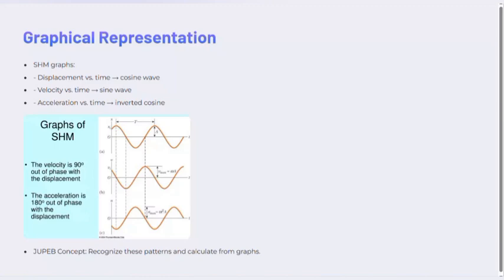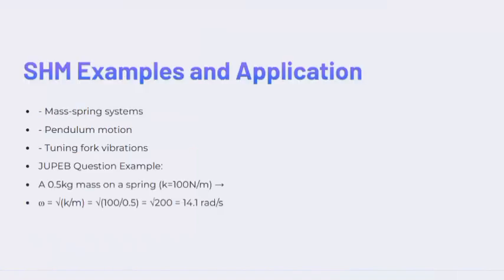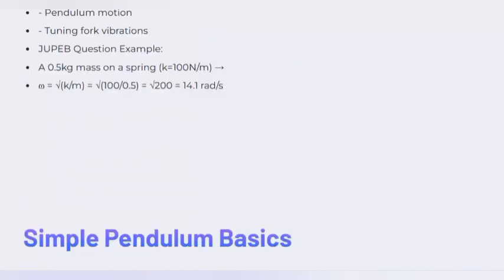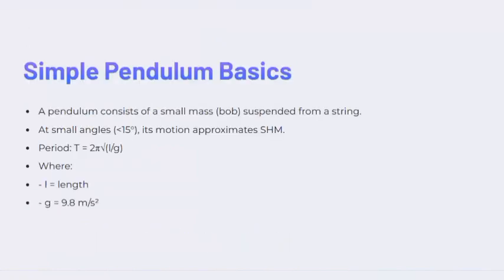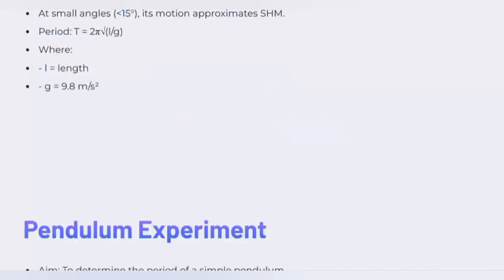So I think that's where I'll be drawing the curtain for this evening's lesson, because of time. We have examples of simple harmonic motion and the applications, and we also have the simple pendulum bob and how it's applied. This one is supposed to be practical.